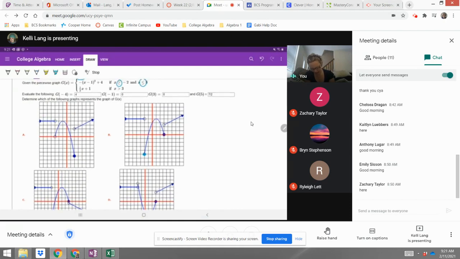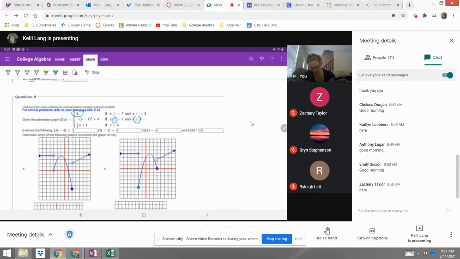Our piecewise functions, we have 3 separate functions, should switch from one to the other at the points -2 and +3. So note here, this is where our first function should switch.